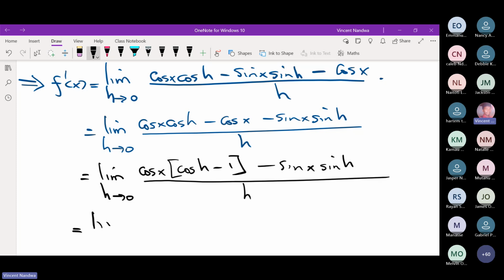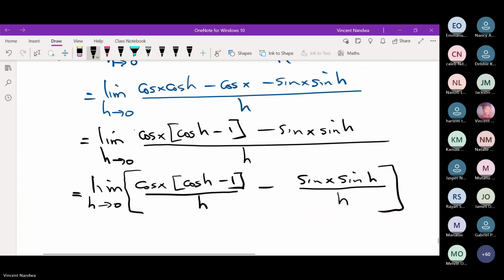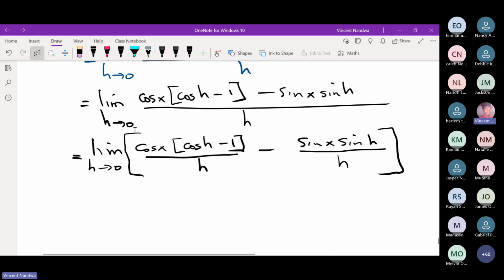So this will be the limit as h approaches 0 of cosine of x into cosine of h minus 1 divided by h minus sin x sin h divided by h. Then all this I put in brackets. Then what follows?